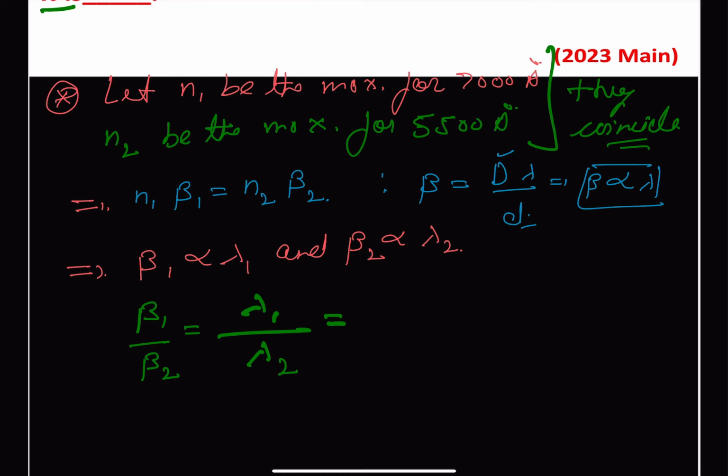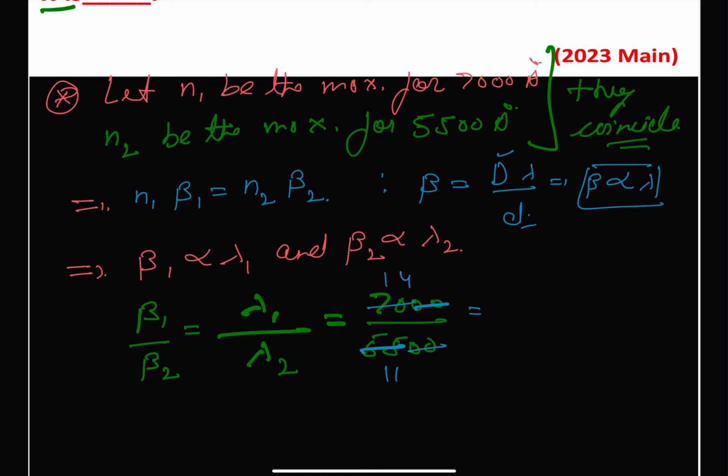and lambda 1 is 7000 and lambda 2 is 5500. From here the 20 goes away, this comes as 11 and this comes as 14.